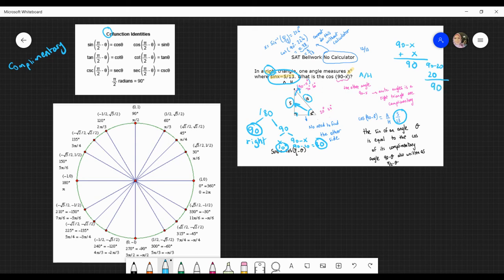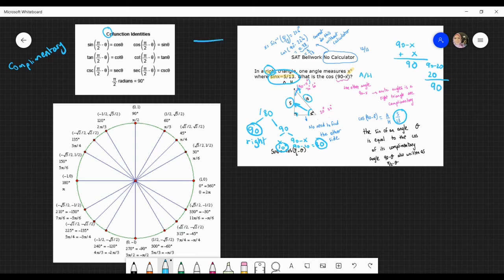They add up to 90 degrees. So we concluded that the sine of an angle theta or x is equal to the cosine of its complementary angle, which is 90 minus x or 90 minus theta.